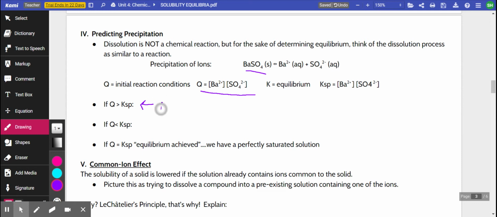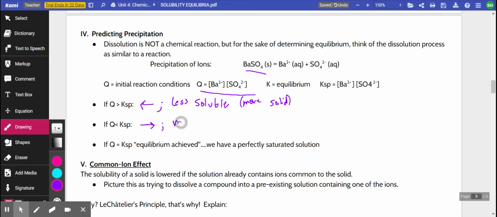And that means that you're going to start making more of the solid, which is the precipitate. So it's going to be less soluble, which really means that you're going to have more solid that precipitates.